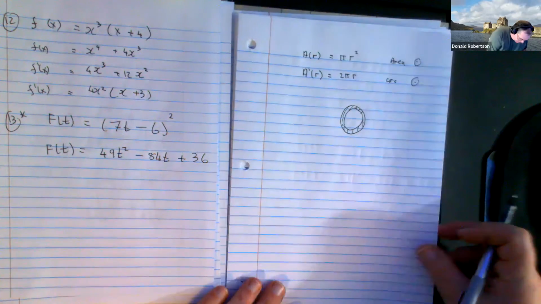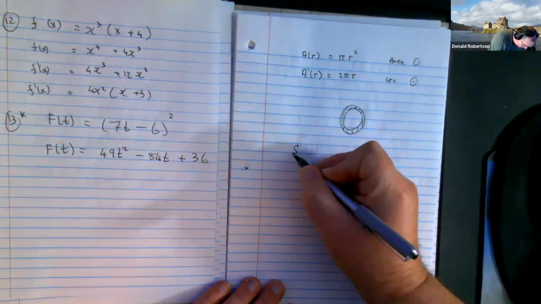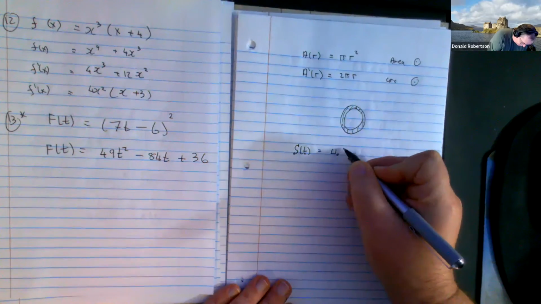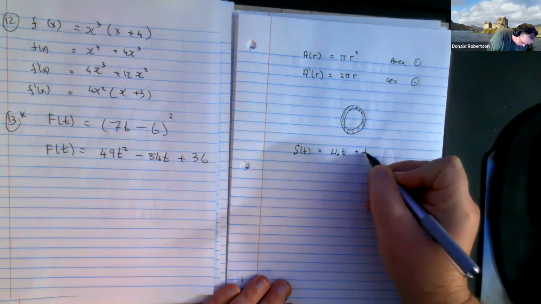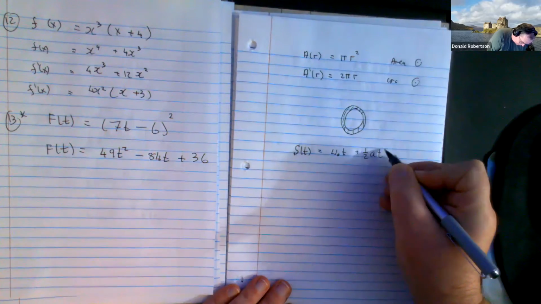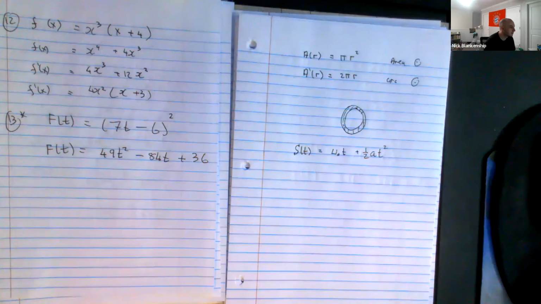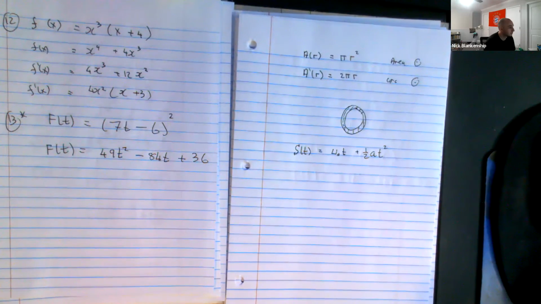I'll try one. Does anybody recognize this formula? I don't know. Anybody seen a formula that looks like that? It's the distance traveled by a moving object, right?